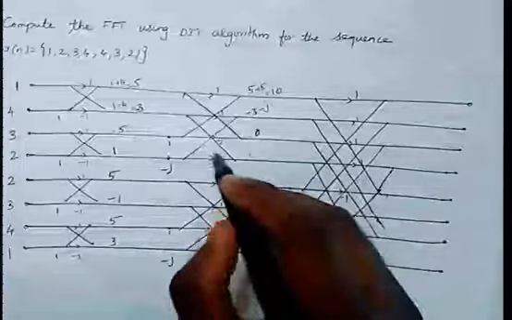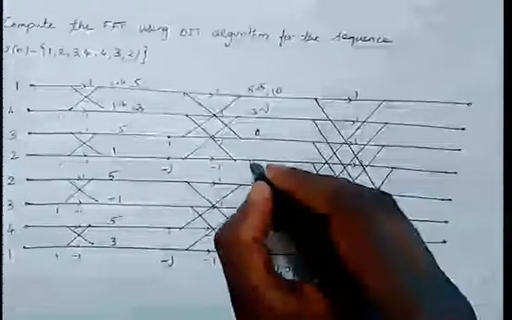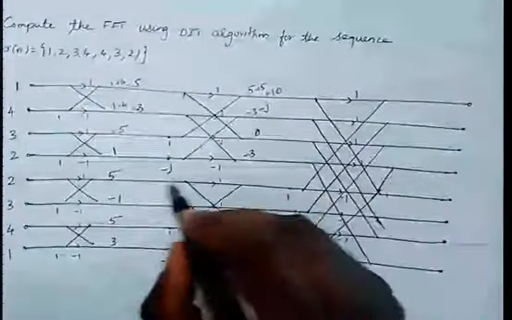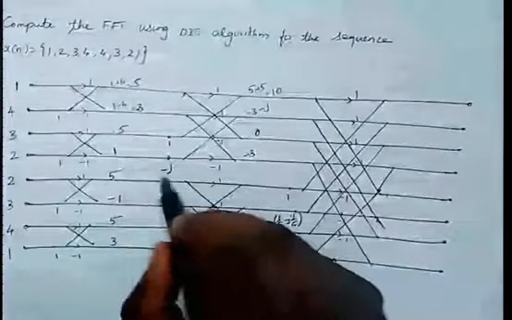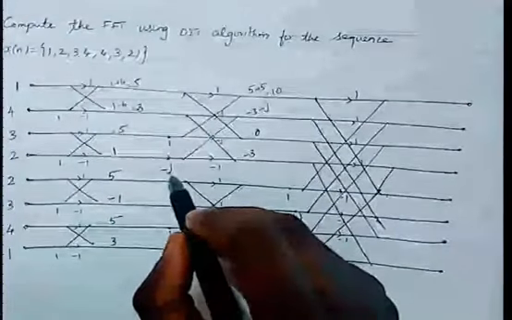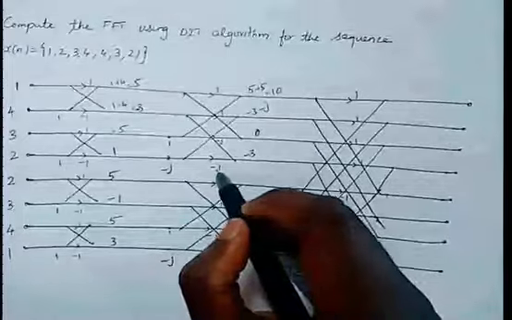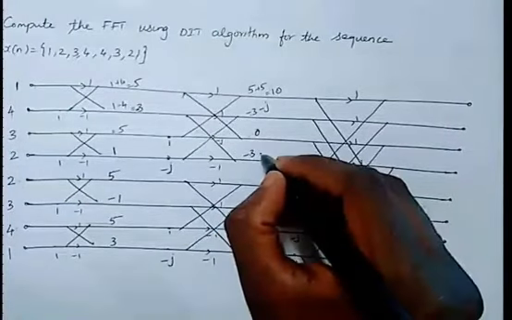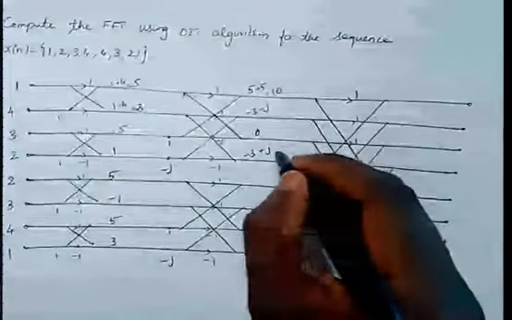So at this point we're going to have minus 3 is already there. And here 1, so 1 into minus j is minus j, and minus j into minus 1 is plus j. So minus 3 plus j.